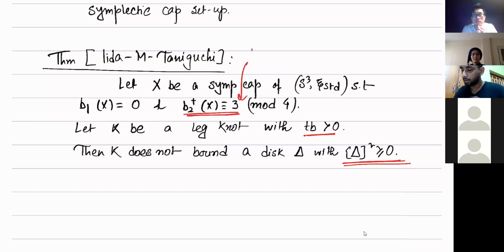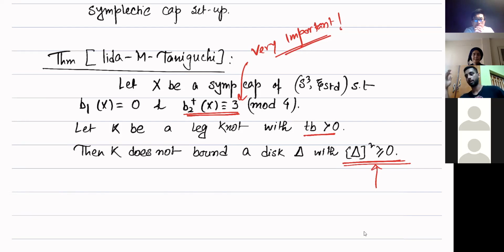This condition is very important, as I will demonstrate that if I lose the condition that b2 plus is congruent to 3 mod 4, then the result fails. Also, for the other condition, that I can only say one side, namely that the self-intersection number is not positive, I can demonstrate that there exists a knot which bounds a disk with positive Thurston-Bennequin number such that the self-intersection number is precisely negative.